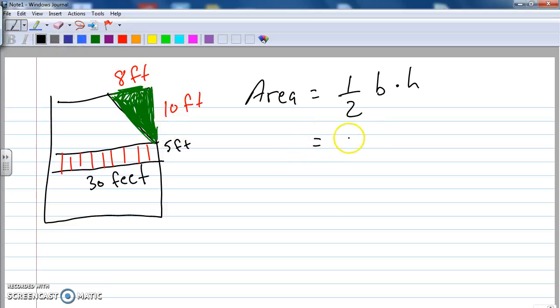So we're going to say the area equals 1/2 times our base is 8 and our height is 10. Now if you remember to multiply that together, remember multiplication order doesn't matter, so 8 times 10 is 80, and then 80 times 1/2 is 40. Okay, 40 feet squared.